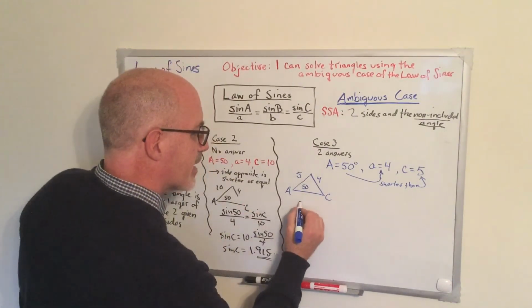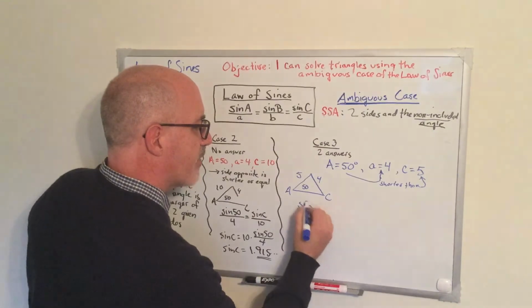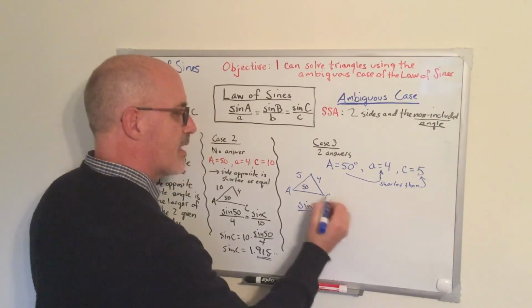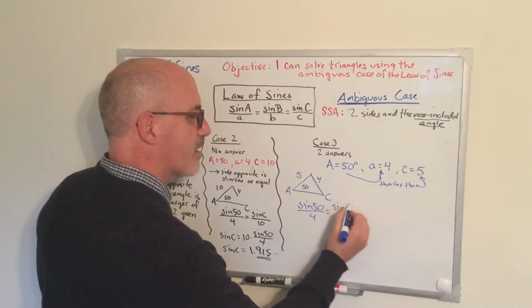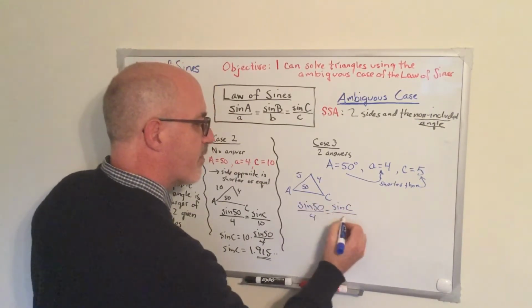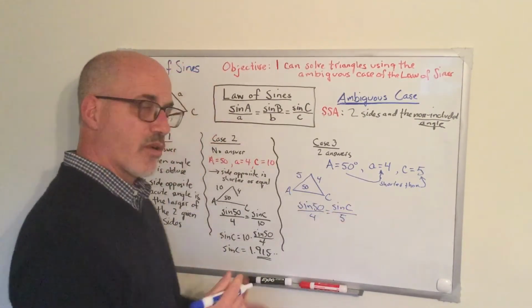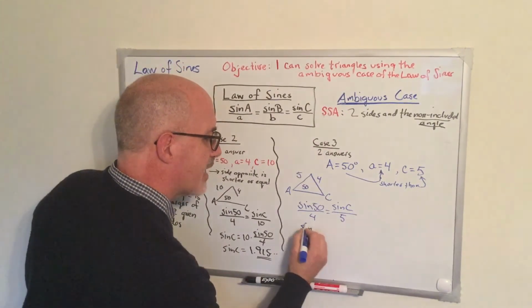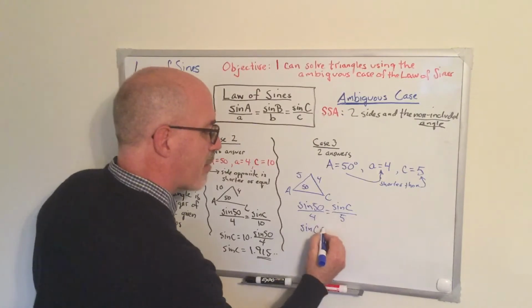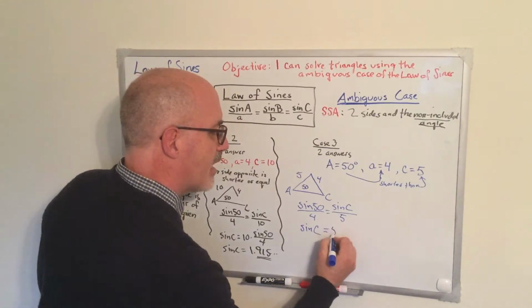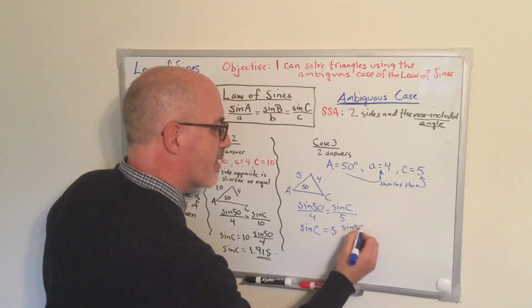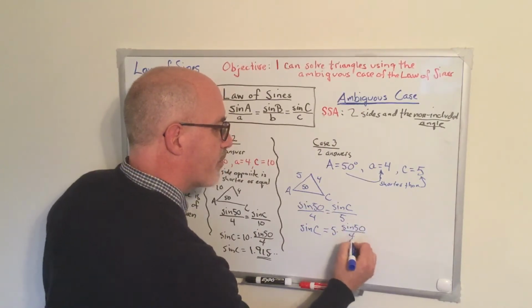If we get this, we get sine of 50 over 4 equals sine of C over 5. If we do our cross multiplication to solve, we get sine of C, and actually just multiply by 5 on both sides, equals 5 times the sine of 50 over 4.